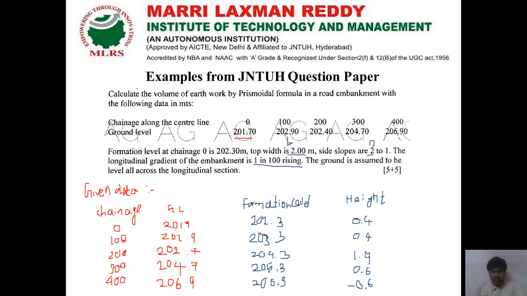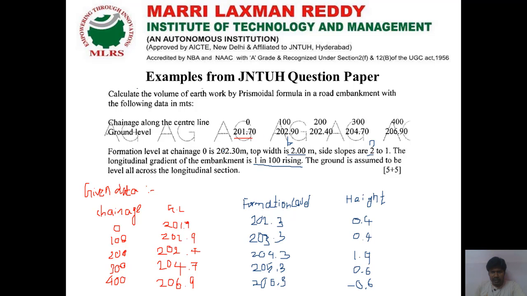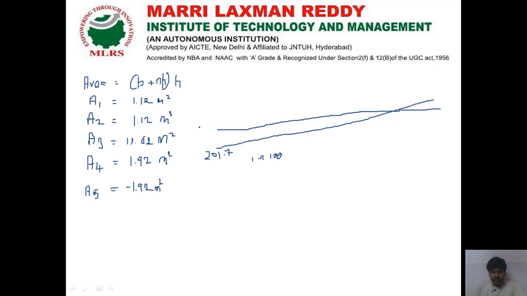This is my original profile level, that is ground level 201.70 at 0 meter chainage, but the formation level at 0 meter chainage is 202.3 meters.